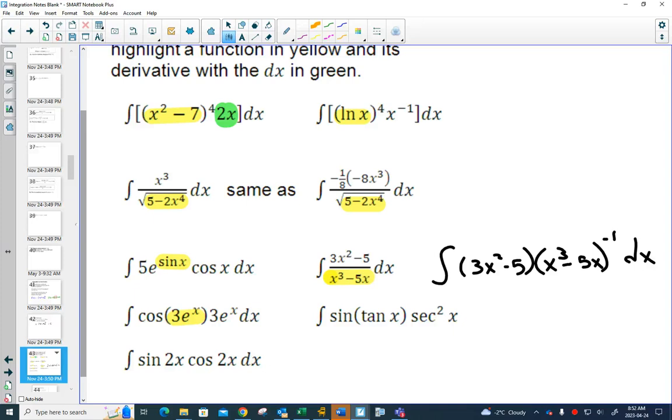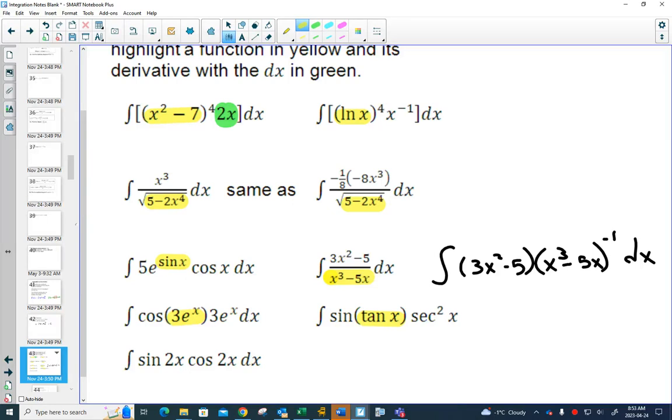So the fact that this is on the bottom of a fraction technically means it's inside of a function to the negative 1. And the last one on the right column, tan x is inside of sine.